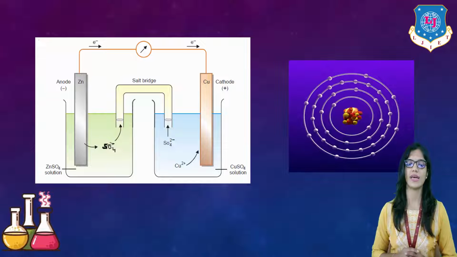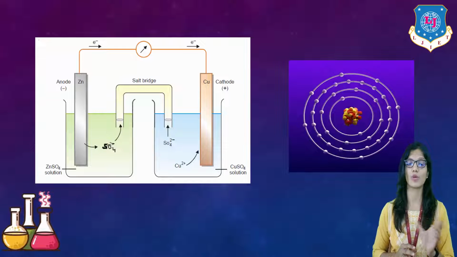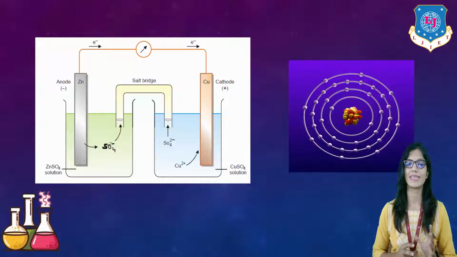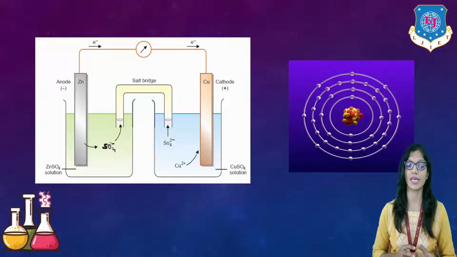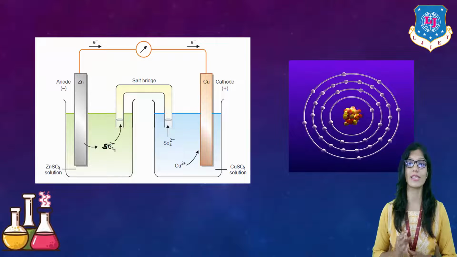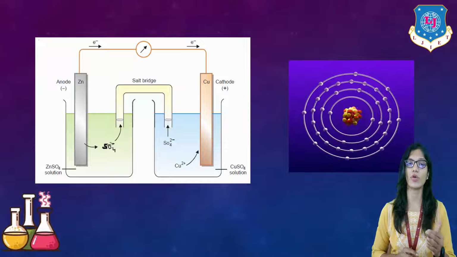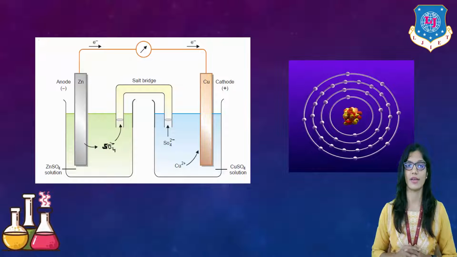Here, as you can see, the SO4 minus 2 will be transferred through the salt bridge from both sides because SO4 minus 2 is common, while ZnSO4 contains zinc and CuSO4 contains Cu plus 2. So the electron flow will occur from the anodic side to the cathodic side.